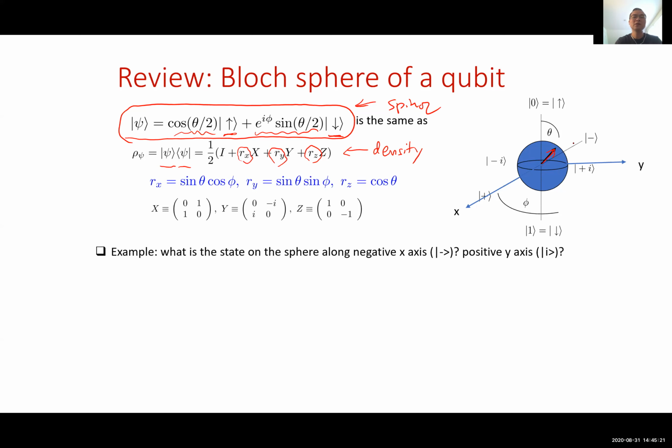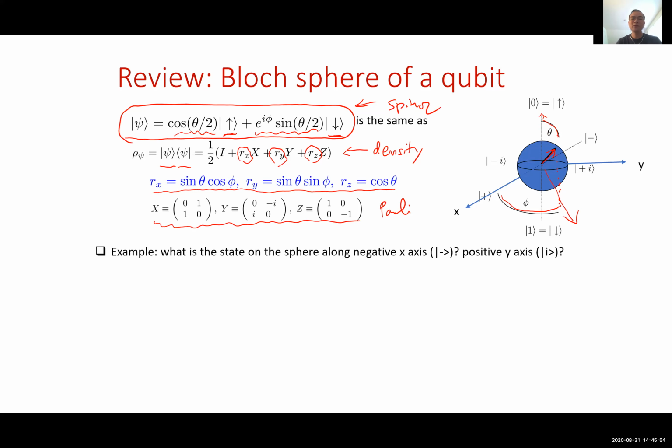And the coordinate is really related to the coordinate on the sphere. So theta is this angle with the z-axis. Phi is this angle for the projections. And the associated matrices are Pauli matrices. These are really useful. I would say the most important 2x2 matrices in quantum mechanics.